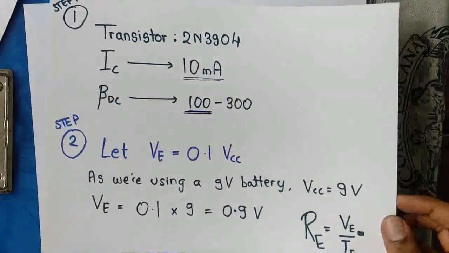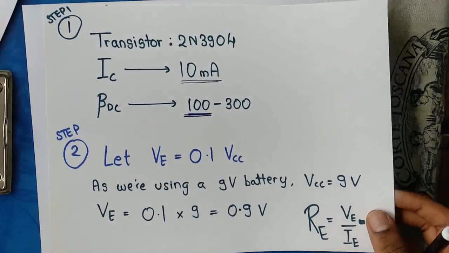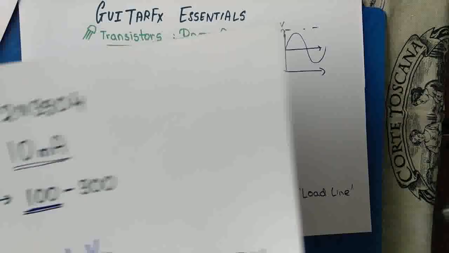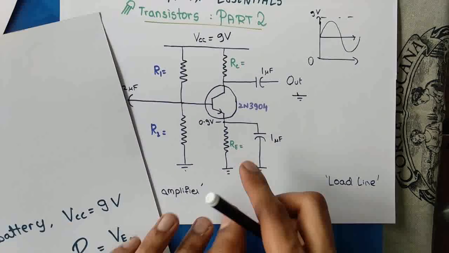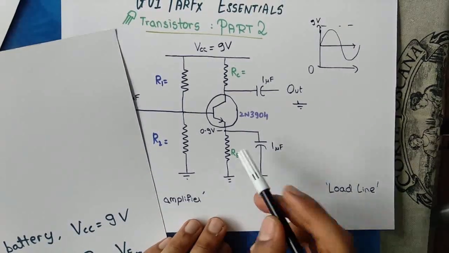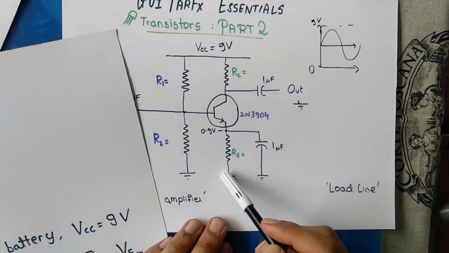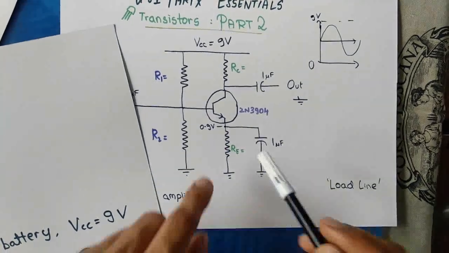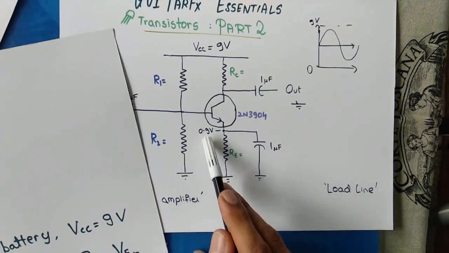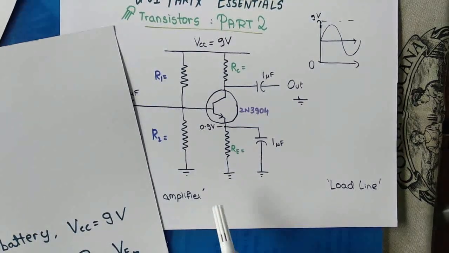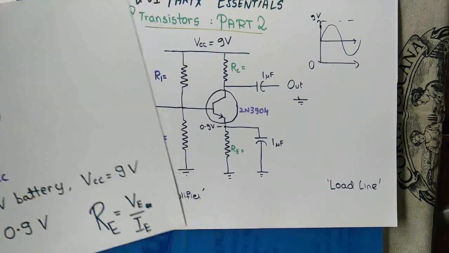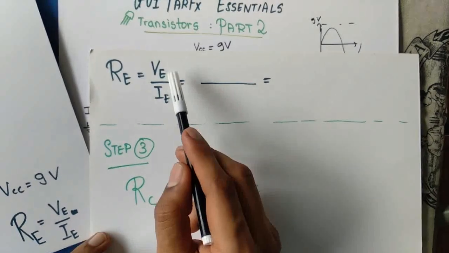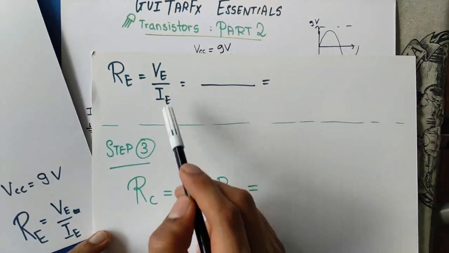So now that we have decided that the emitter voltage will be 0.9 volts, we can find the value of RE. The way to find RE is using Ohm's law. If we know the current through this resistor, and we also know the voltage across it, which happens to be 0.9 volts, we can find RE simply by dividing the voltage by the current.